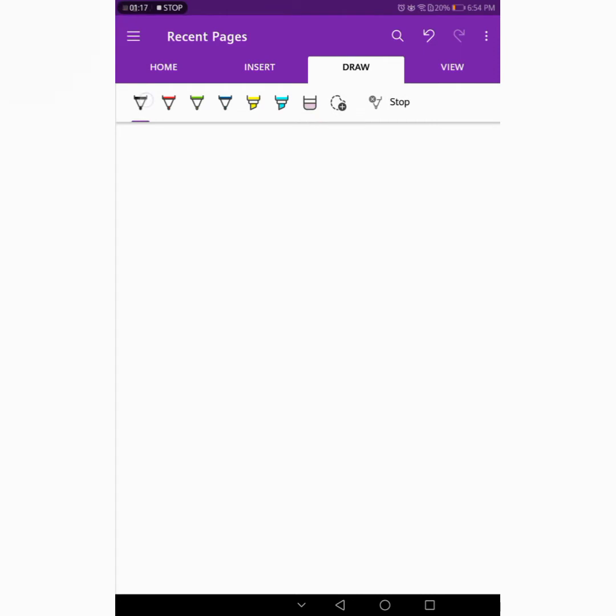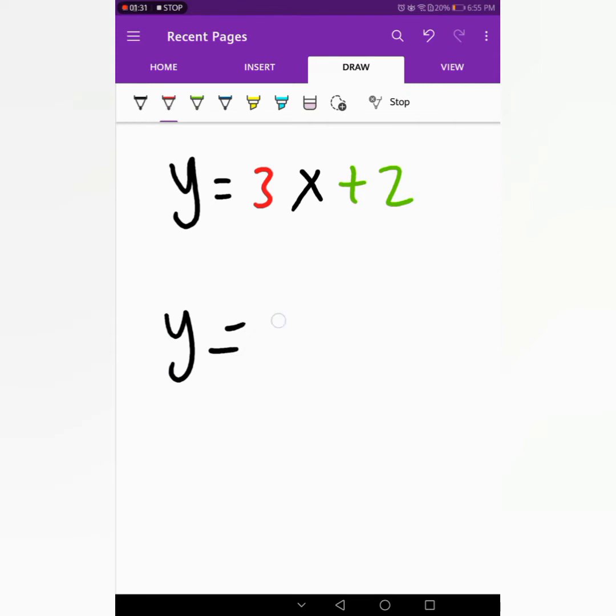What is the relation between our lesson and parallel or perpendicular? See, for example, if I have y equals 3x plus 2, and I have another equation, y equals 3x minus 1.